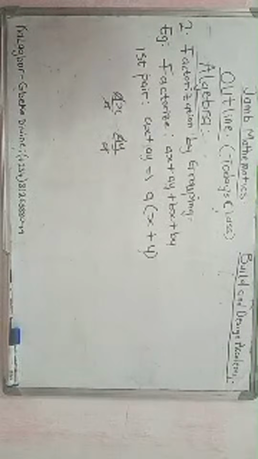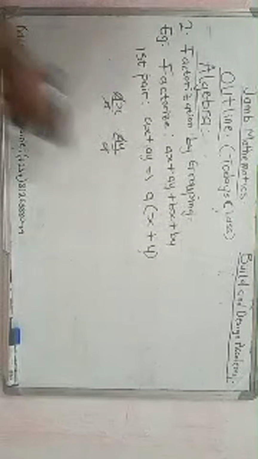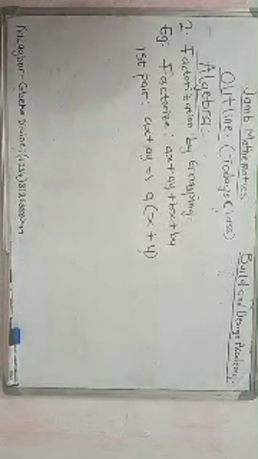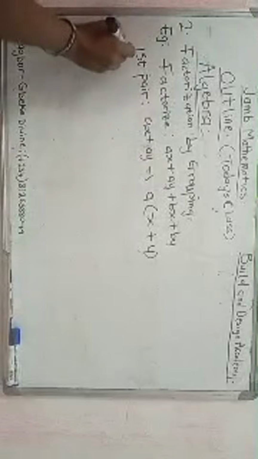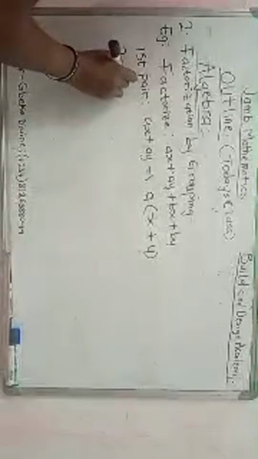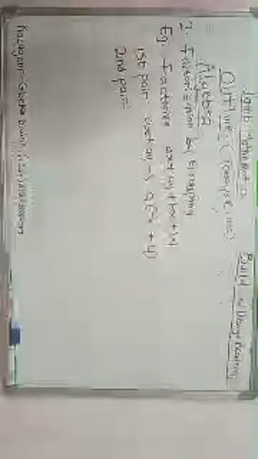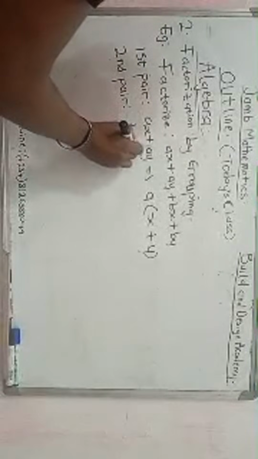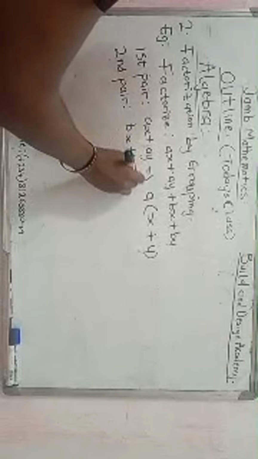So next up, we factorize the what? Second pair. You know we are factorizing by grouping. So this is the second pair, which is bx plus by.